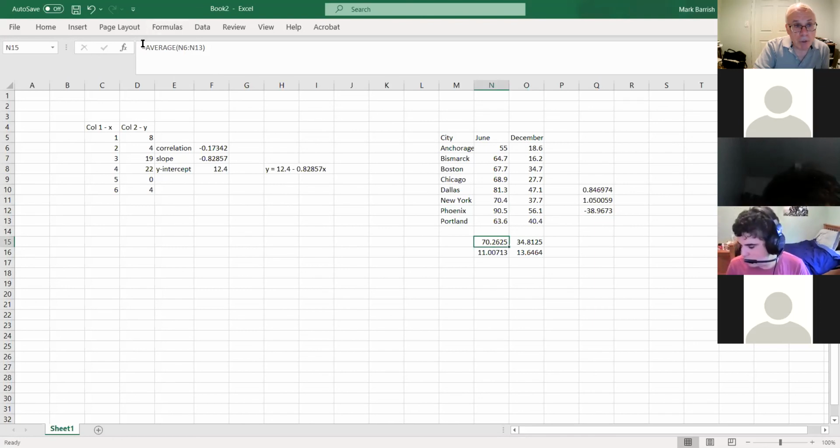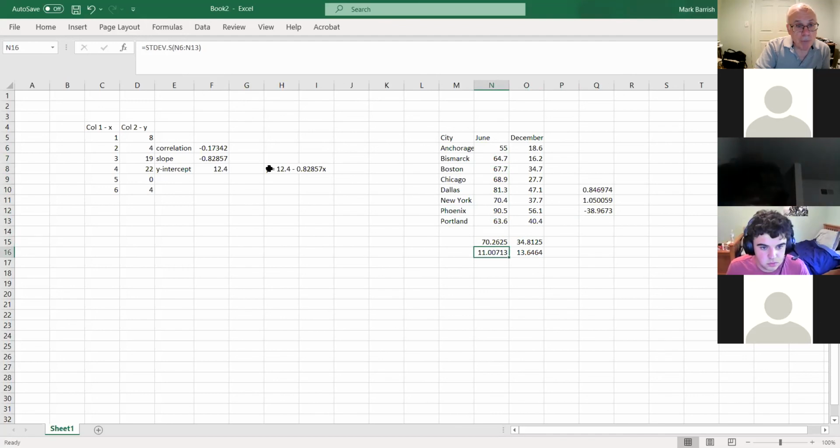So you do equal and just start typing in average, and then inside the parentheses, you would just simply have the column here of values from N6 to N13. So you just scroll down like that, and then enter it into that formula and hit enter, and you'll get your average.